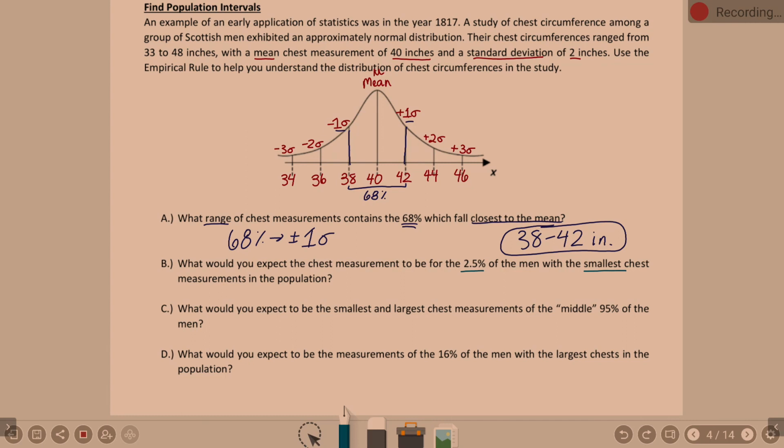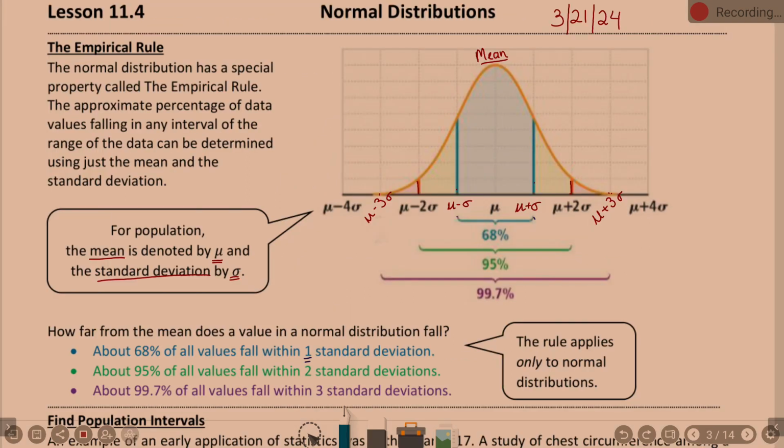That's saying from 36 to 44 is 95% of the data, yes? I know some of you are saying, what's that have to do with anything? I promise, just keep with me. Are you okay with the 95%? When you go 2 lines out each way, it is 95%.